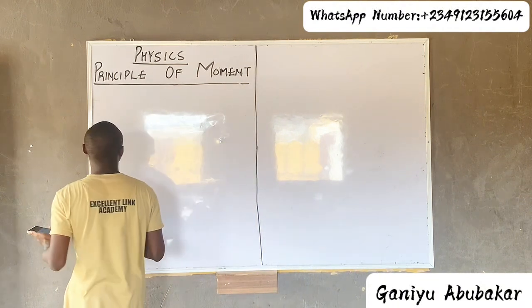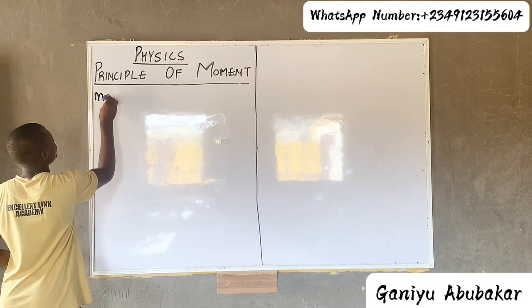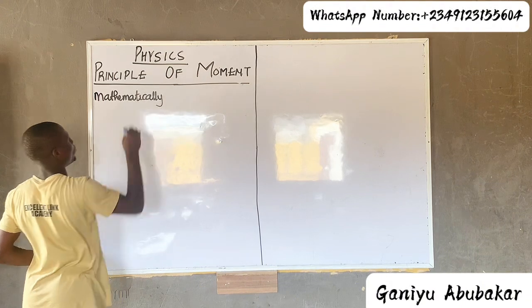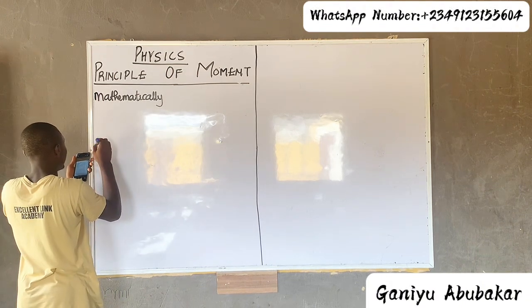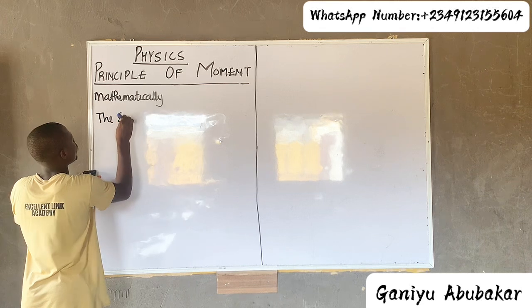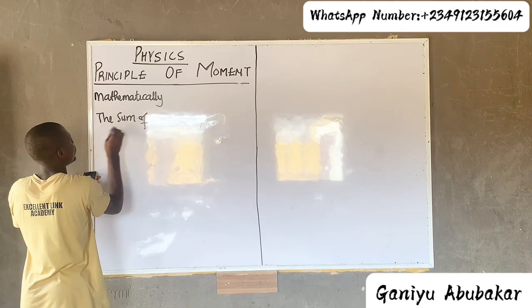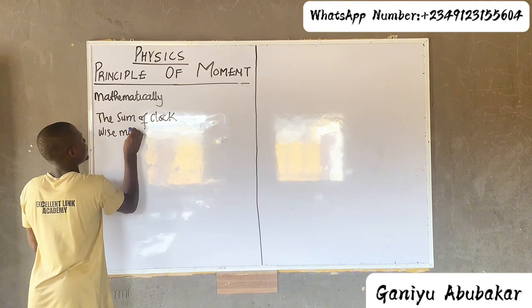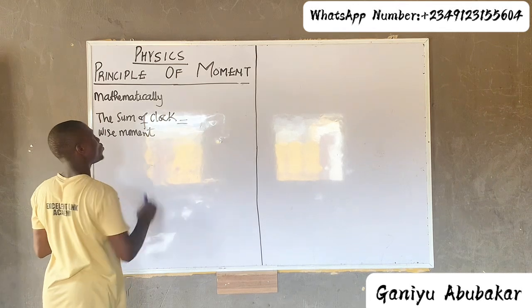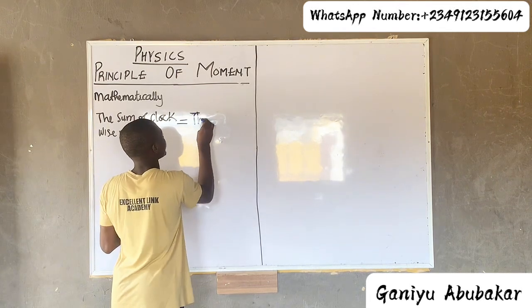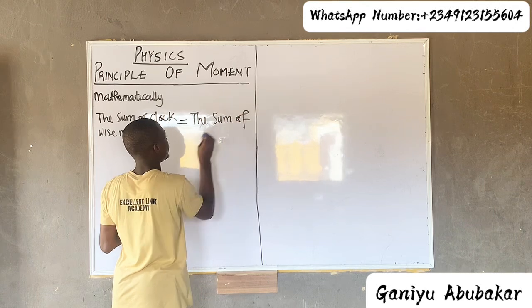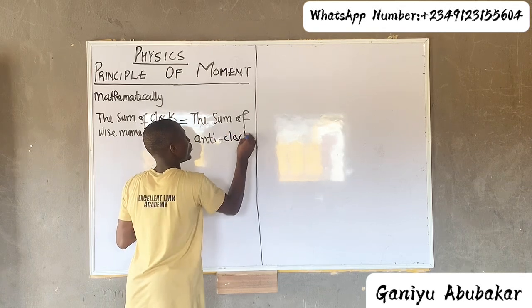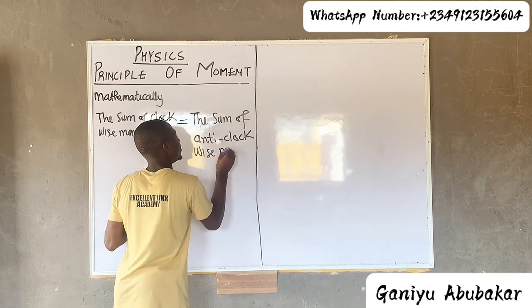Mathematically from that principle, we said that the sum of clockwise moments should be equal to the sum of anti-clockwise moments.